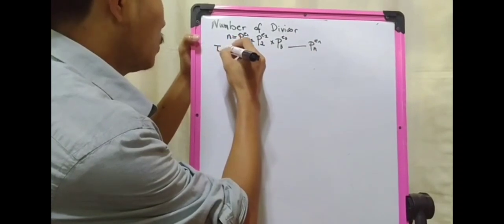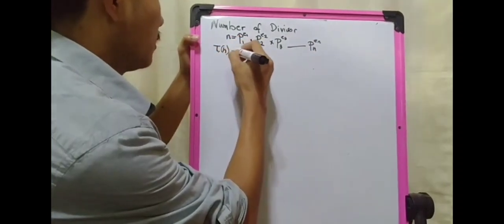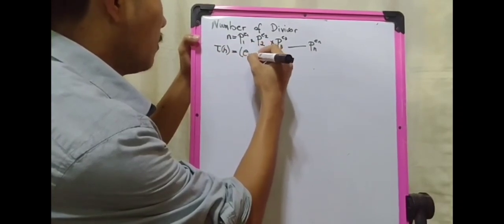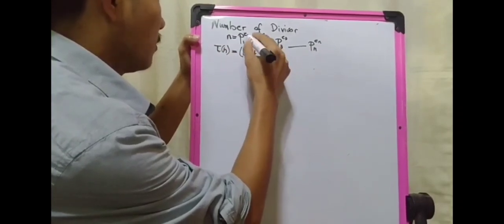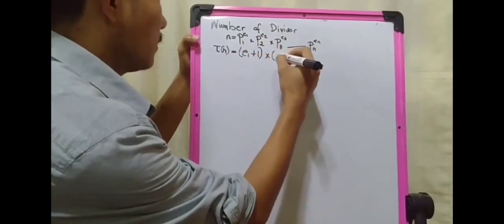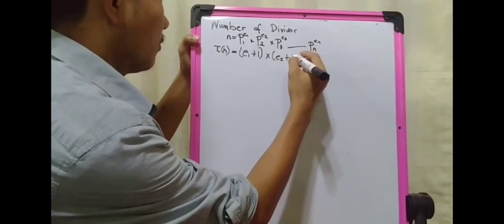Tau n is equal to exponent 1 plus 1 times exponent 2 plus 1, and so on.